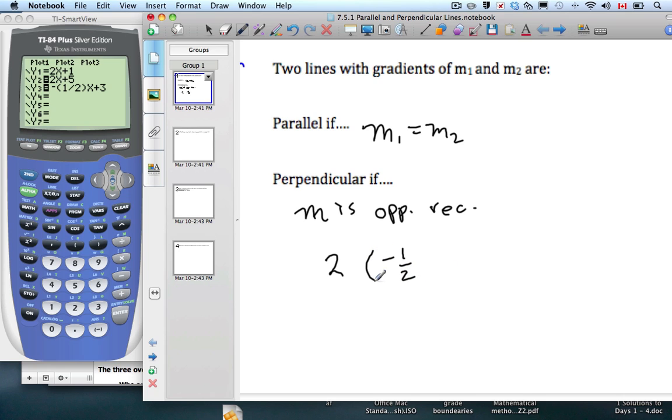So if I multiplied those two together, I would get negative 2 over 2, which is -1. So we know that our gradients are perpendicular if m1 times m2 equals negative 1.